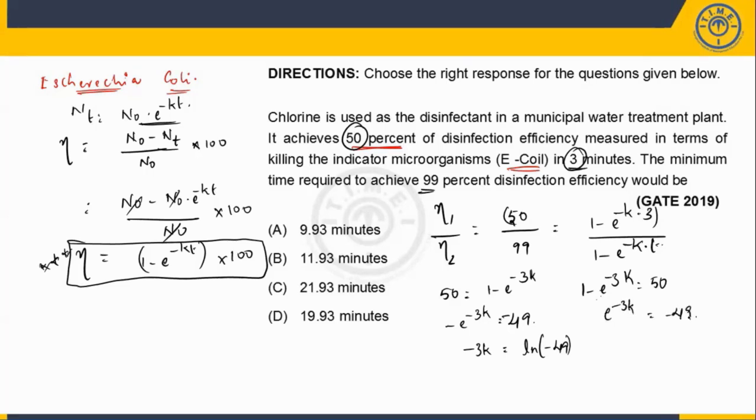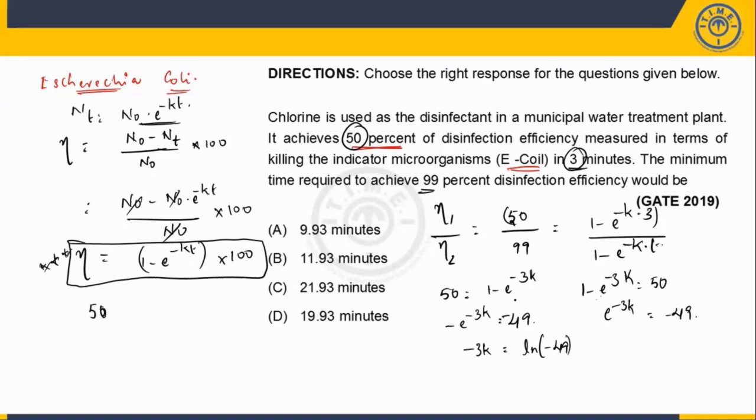Minus 3k equals log of minus 49. Let's do one thing else. From this equation, we can take log on both sides.